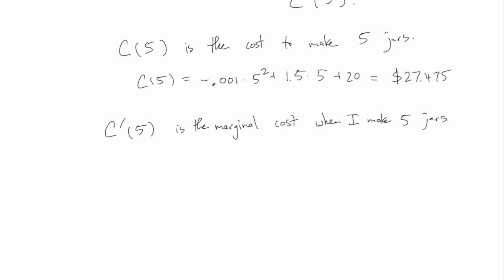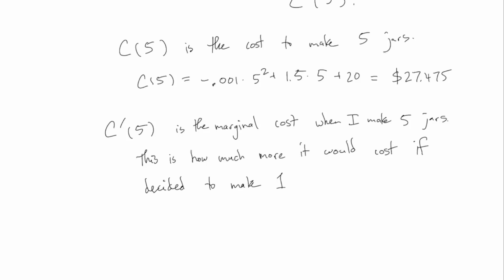So the meaning of this, the marginal cost, is how much more it would cost if I decided to make one more jar. When I was already making 5, if I said, you know what, I'm going to do 6 instead, how much more would that be?